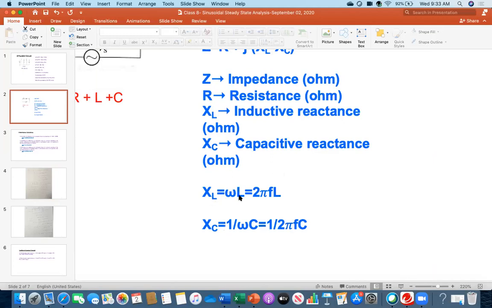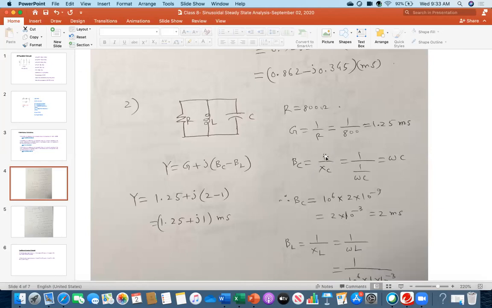XL is omega L, not 1 over omega L, just omega L. So now see, BC is 1 over XC, but XC is 1 over omega C, so ultimately this omega C goes in the numerator. So ultimately BC means omega C.